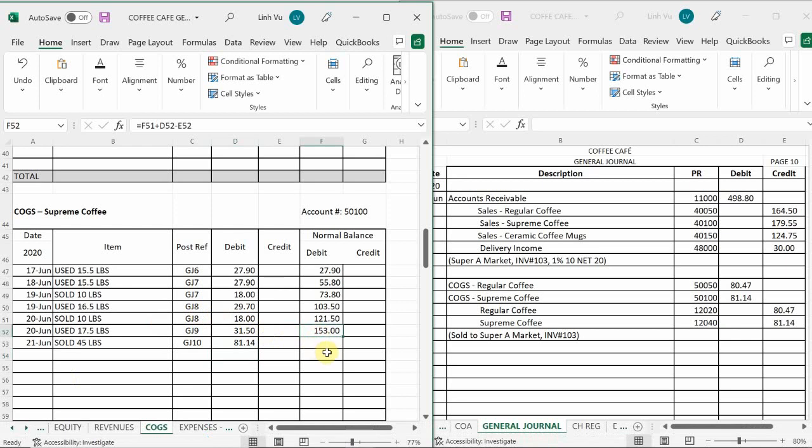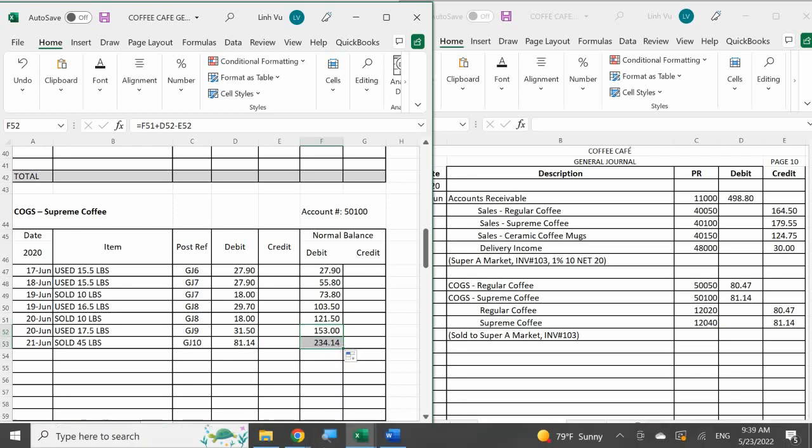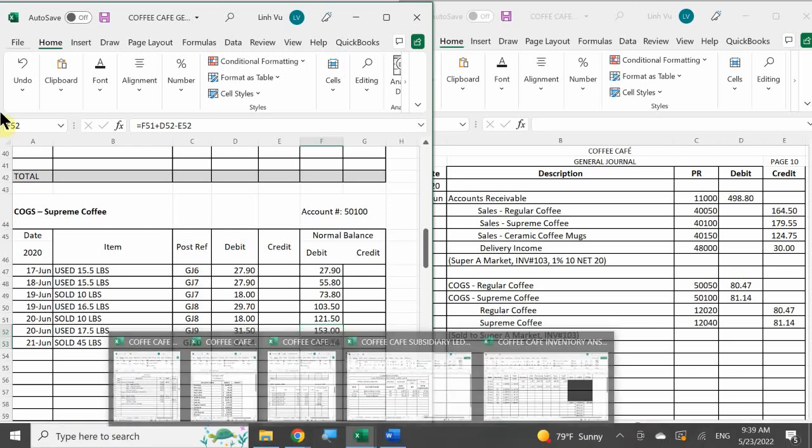So what's my ending balance in my cost of goods sold for Supreme Coffee? 153 point. Add 81.14. 203 for 40. Good.